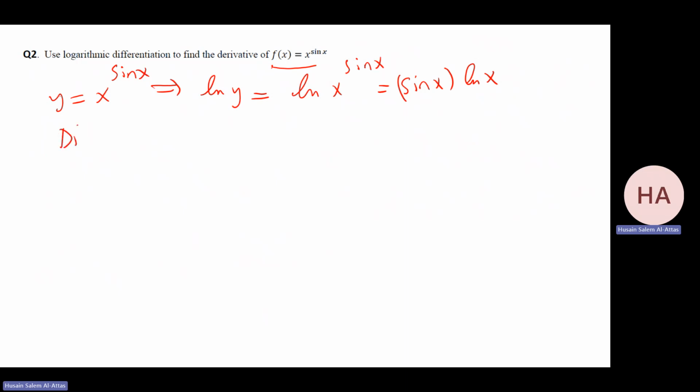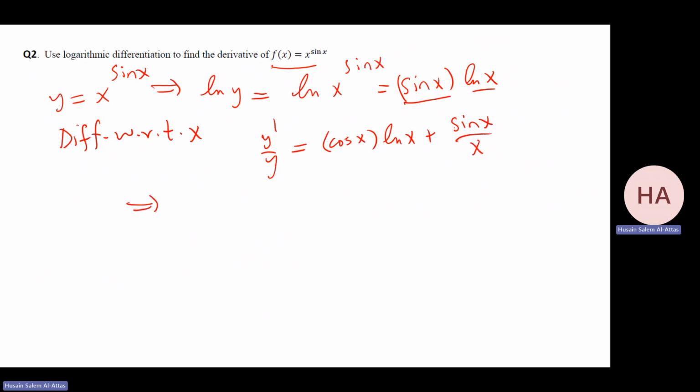Now differentiate with respect to x. What you will get? y prime over y, derivative of sine x times ln x, plus sine x, derivative of this over x. So y prime will be y times this.